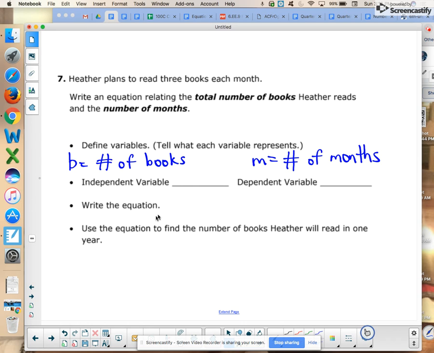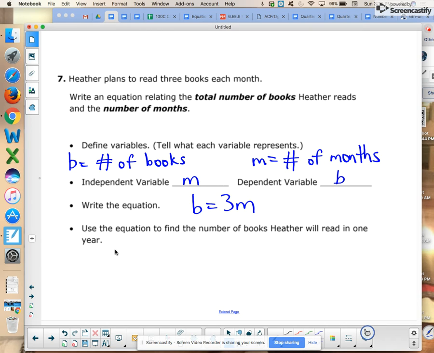Okay, so the independent variable will be M, and the dependent variable is B. The equation will be B equals 3 times the number of months, or 3M.